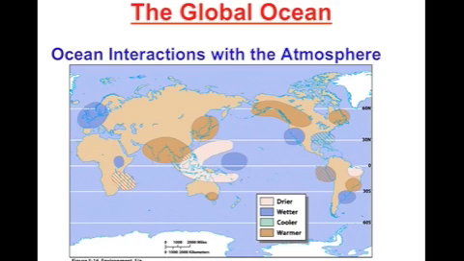So this happens roughly every 3 to 7 years. And what this El Nino effect can do is have a devastating effect on fisheries off of the coast of South America, mainly because of decreased upwelling and cooler bottom waters.